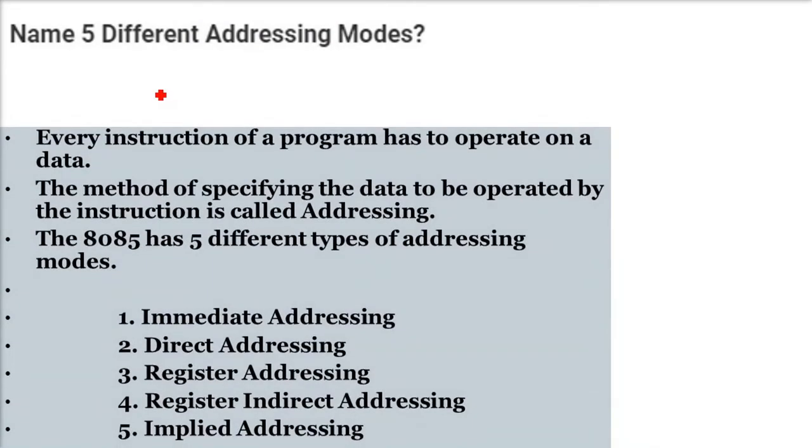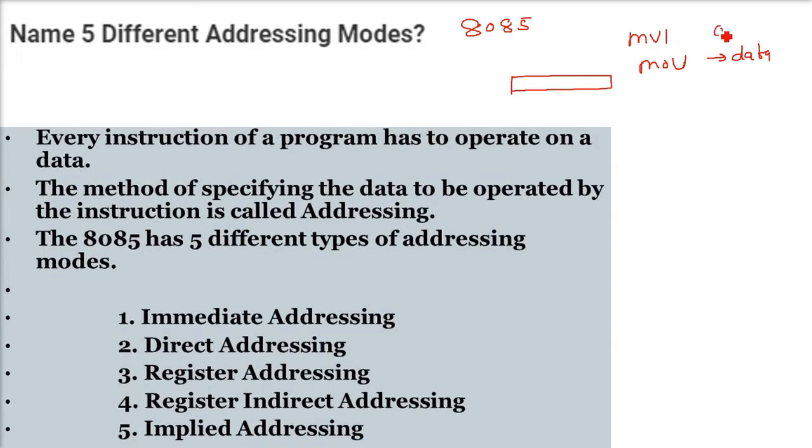Name 5 different addressing modes. So addressing mode in 8085 and various other processors. Every instruction, every program line, you can call it an instruction, has to operate on data. If you do MVI, LXI, or any DAD, it is working on certain data.